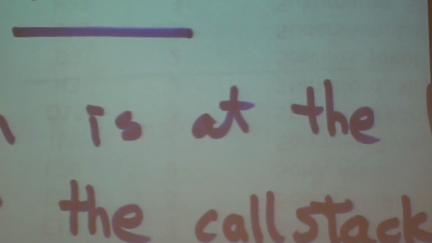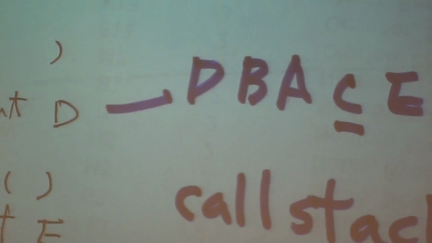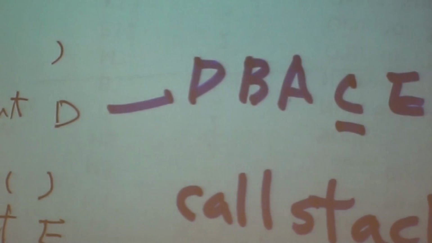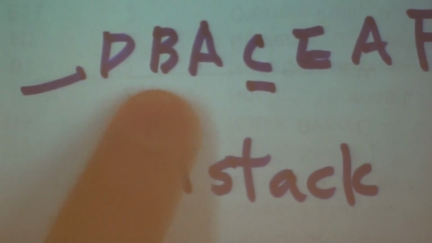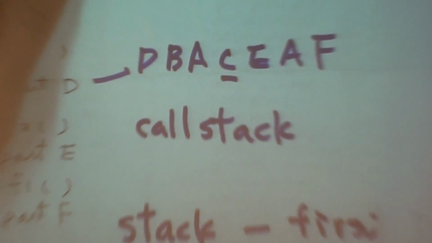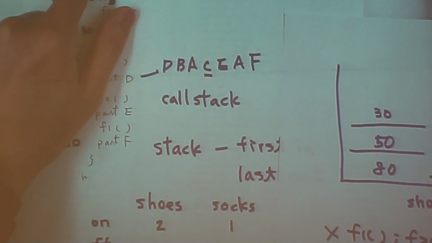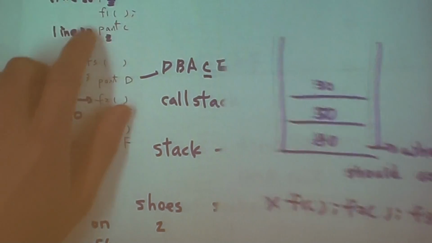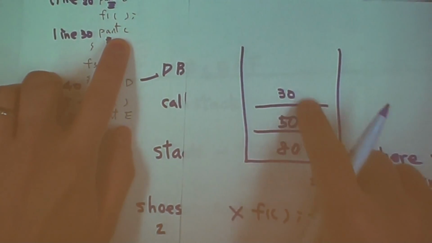Okay. Any other question? So let's go back to this program and see how we can understand the execution order of this program. So we have D, B, A, F1. After F1 finishes, you will go to line 30, that's in the call stack.